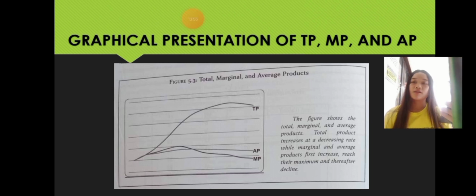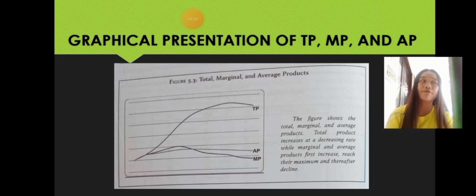Next is graphical presentation of TP, MP, and AP. So figure 5.3 shows total, marginal, and average product. We can also illustrate the concept of total, marginal, and average product that we have discussed using a graph. The curves in figure 5.3 are derived by plotting the data from table 5.1.